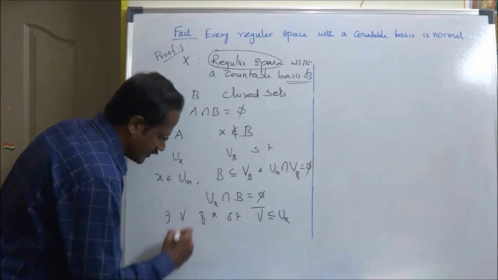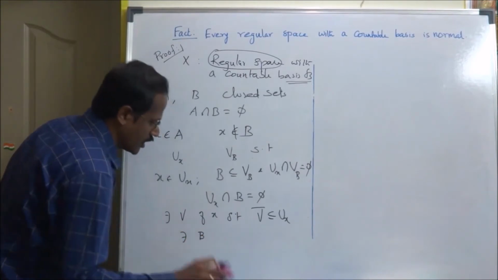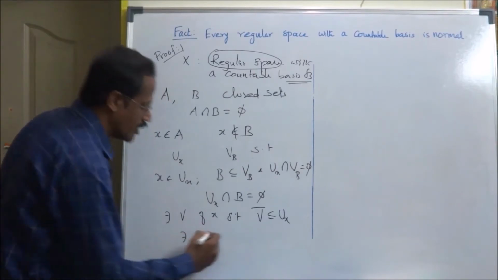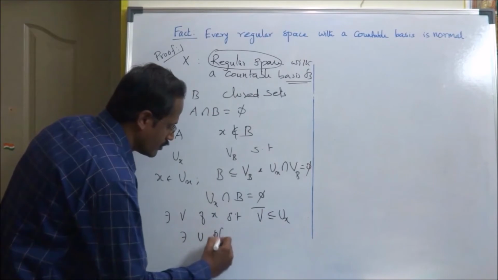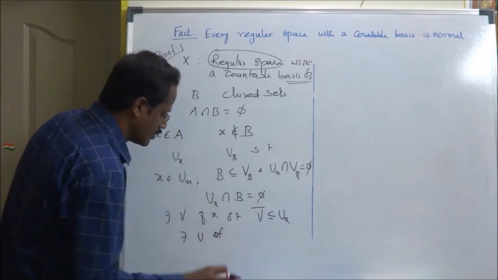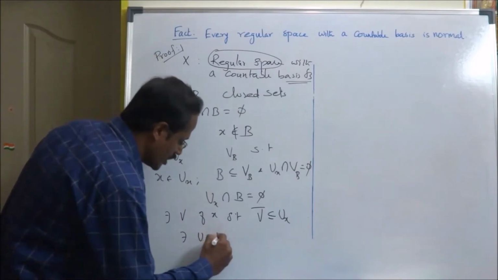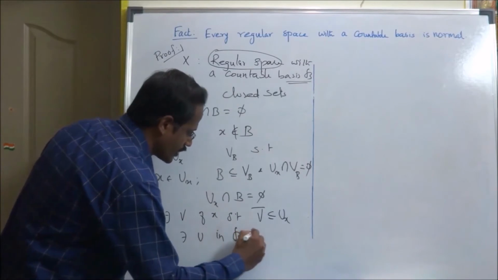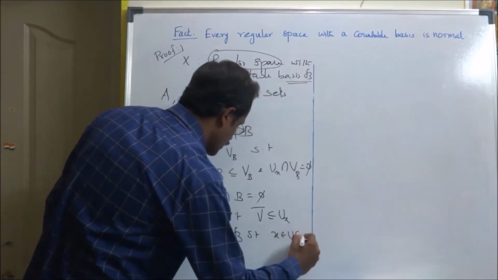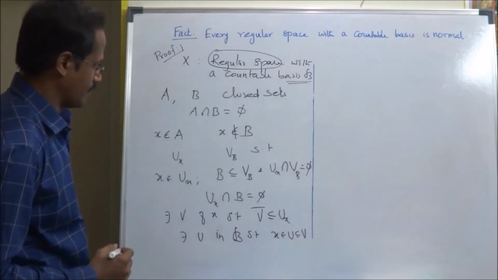Therefore, by the definition of basis, there is a basis element U in B such that x is in U contained in V.